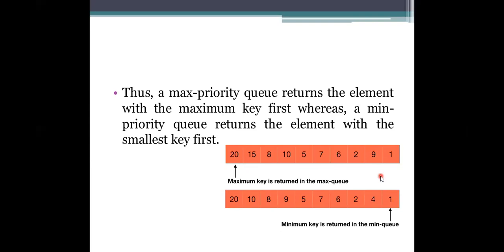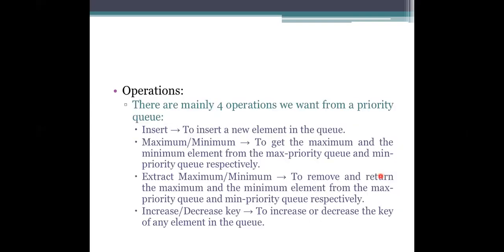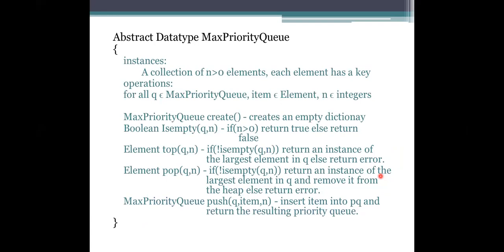Coming to the next representation, the abstract data type, the ADT. Here we need to specify the elements we are using. The elements will be n greater than 0, meaning it should consist of at least one element, and it should be associated with the key operations. What are the operations?